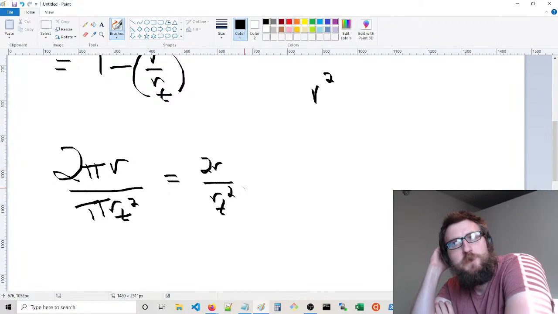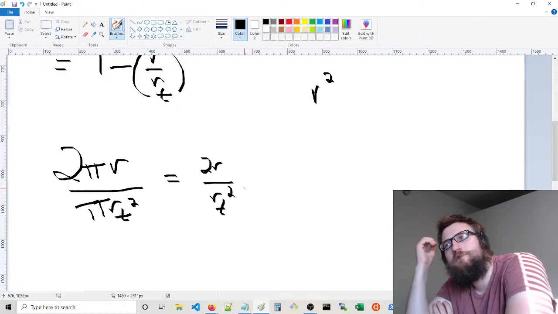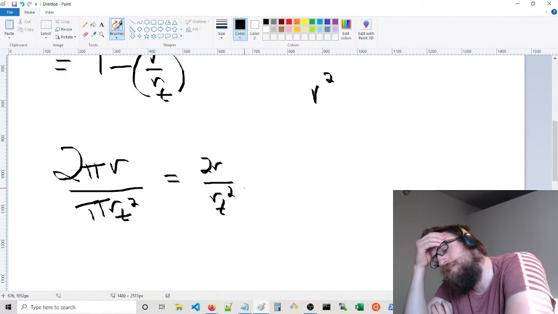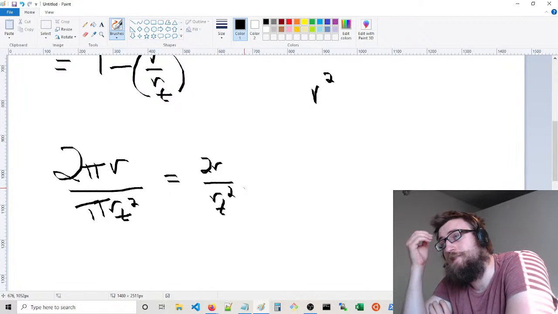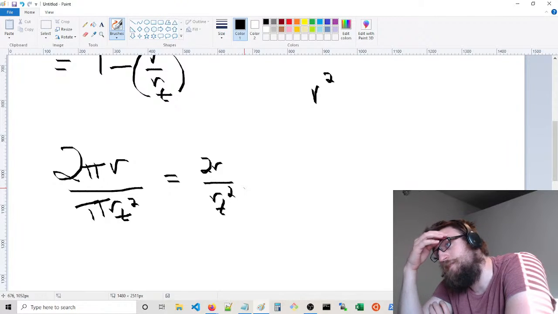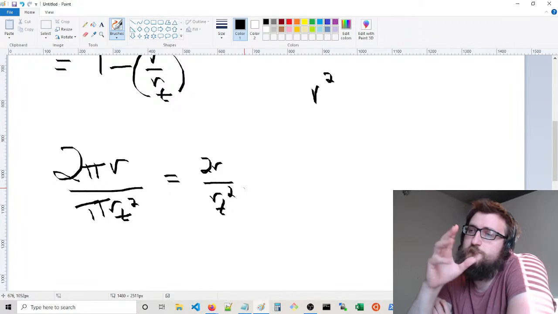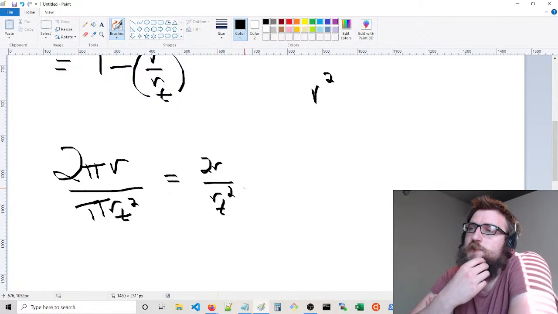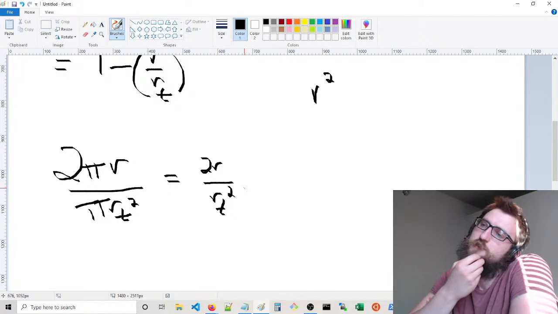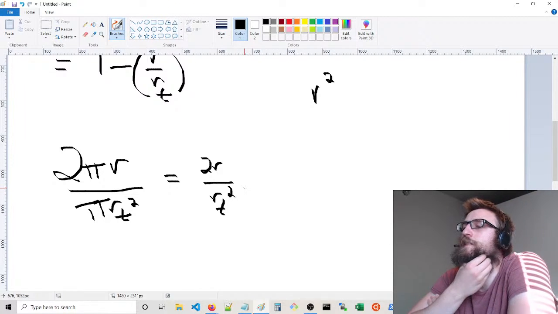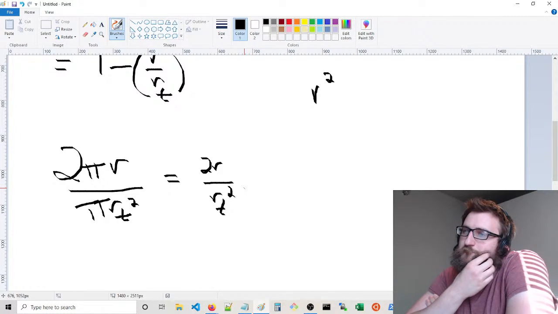Right, that's the probability of any particular radius. That's the probability that any particular point lies on any particular concentric circle, right? That's smaller than r sub t, has a radius smaller than or equal to r sub t. Okay.